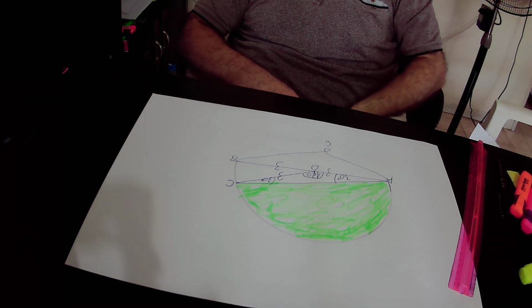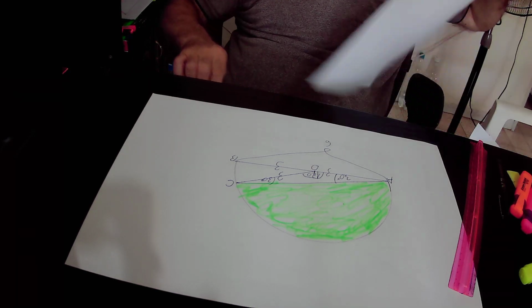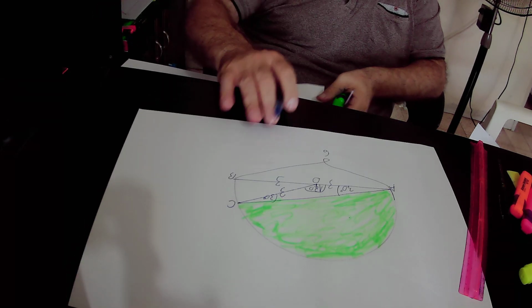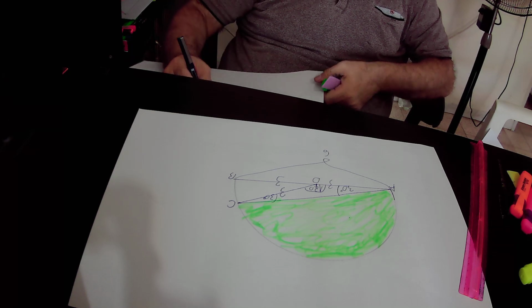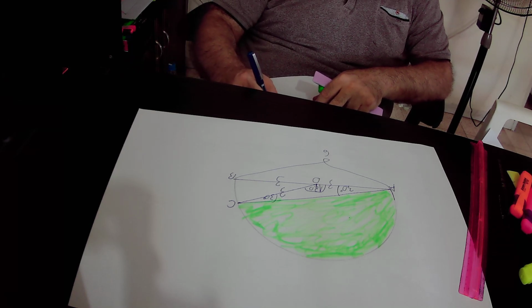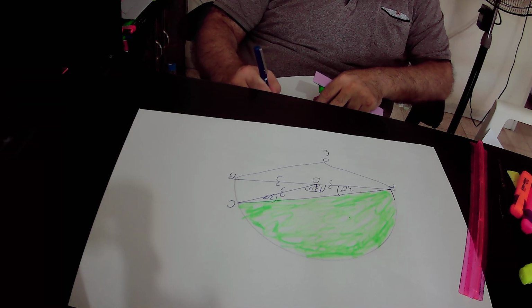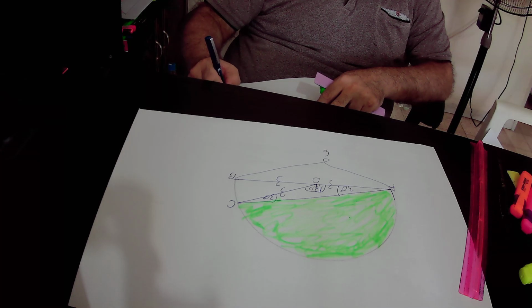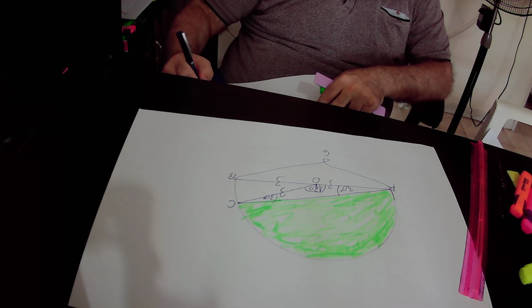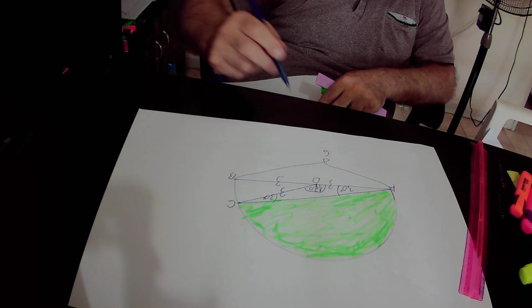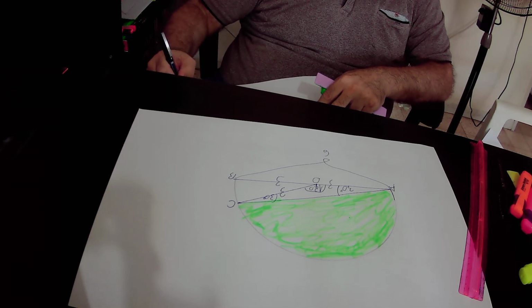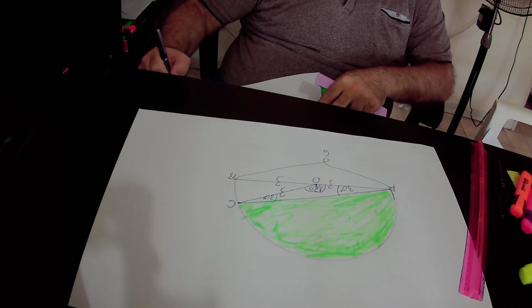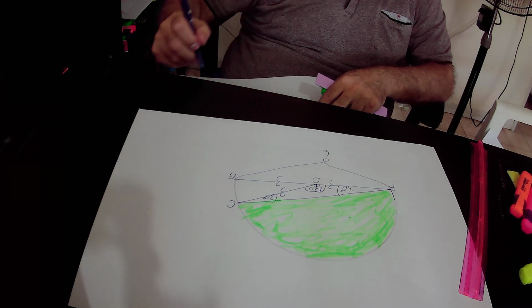So, according to the second method, the area of this green shape will be equal to the area of the semicircle minus the area of triangle AOC minus the area of sector COB.